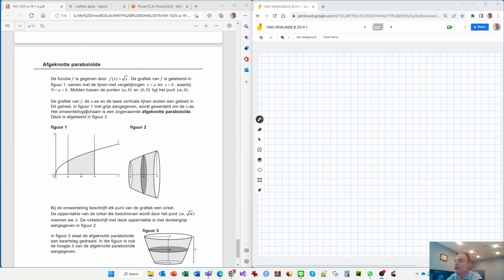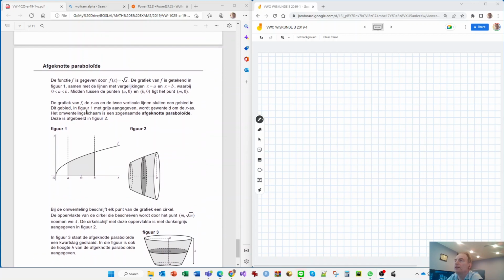Well, it was not the last question. There's a question 15 about a parabola. We have a function f(x) is the square root of x. It's given here.